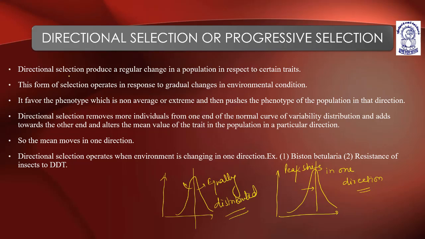Now, directional selection produces a regular change in a population with respect to certain traits. So these certain traits have a directive influence. This is directional and this is stabilizing.